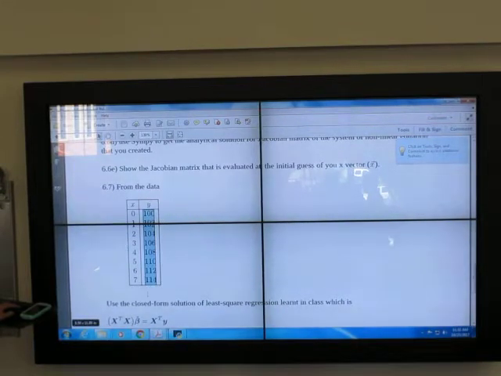So capital X transpose multiplied by Y will be how many rows, how many columns? Capital X, by the way, is 8 rows, 2 columns, right? Make sense?